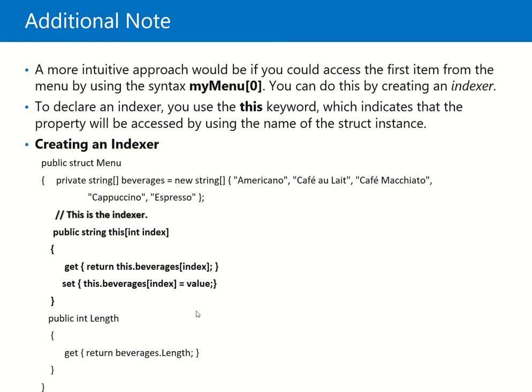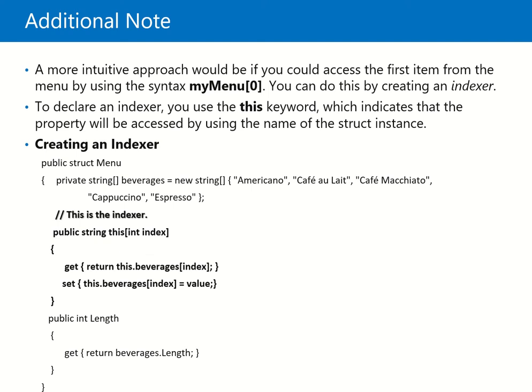So in this case menu 0 equals menu dot beverages 0, menu dot beverages 1 equals menu 1, menu dot beverages 2 equals menu 2, menu dot beverages 3 equals menu 3.